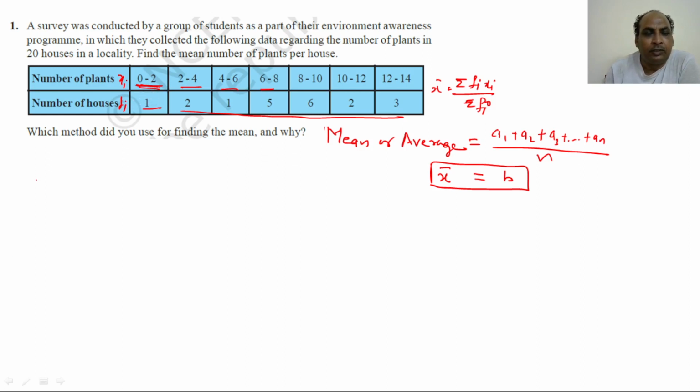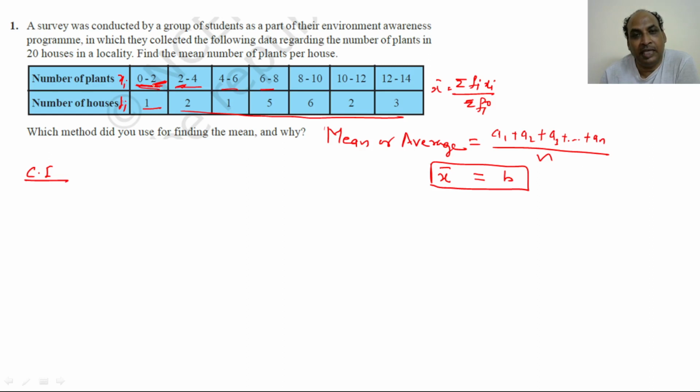Fine. So class interval is given to us, and one more thing we have to see: the upper limit of the first class interval, or previous class interval, and the lower limit of the succeeding class interval should be the same.